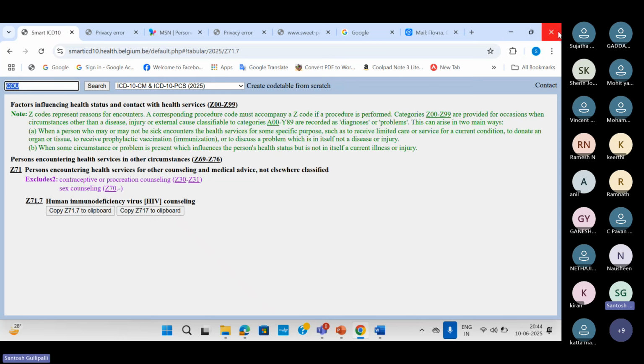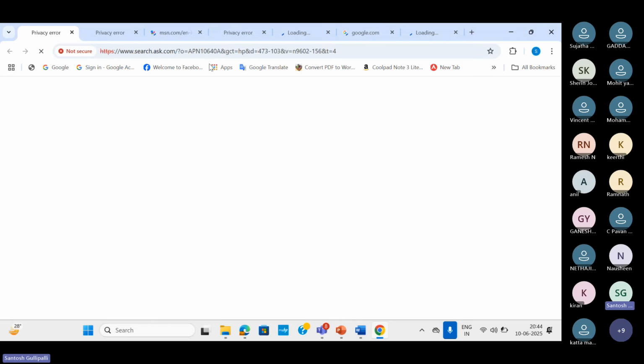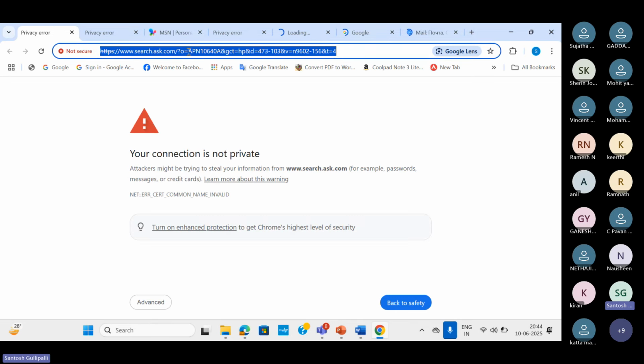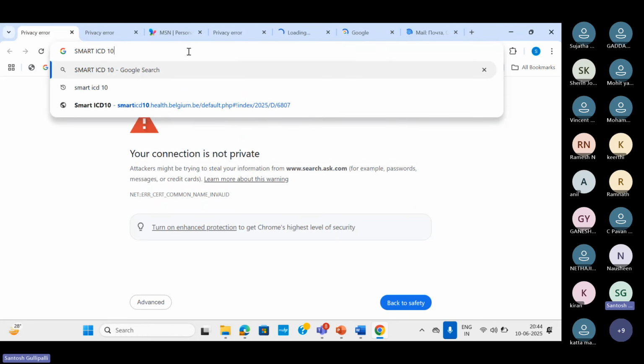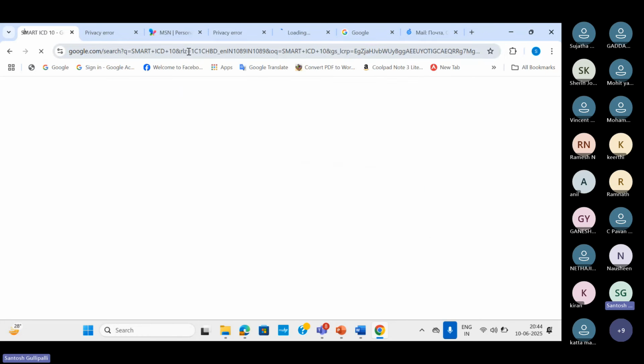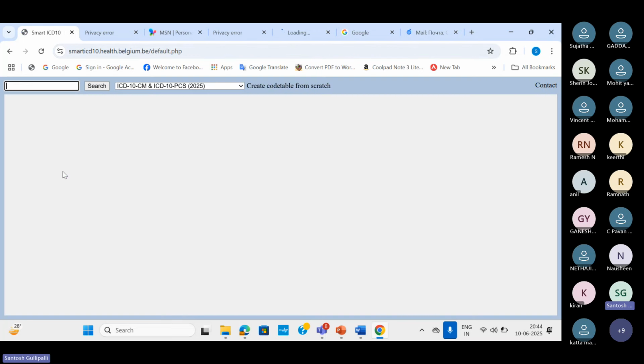One second, guys. How to open this software, I will show you. You can open it in a Google browser, on your mobile, laptop or PC. Type smart ICD-10 and click the first link. This window opens automatically.